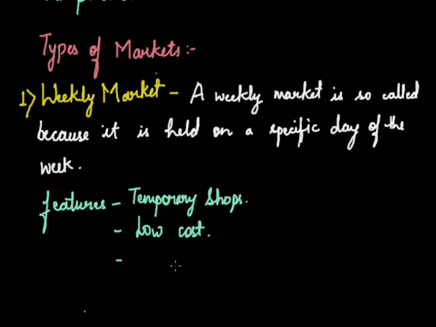The products which are sold in these markets usually are produced by the seller and family members because they come from poor background and they cannot hire workers to work with them.